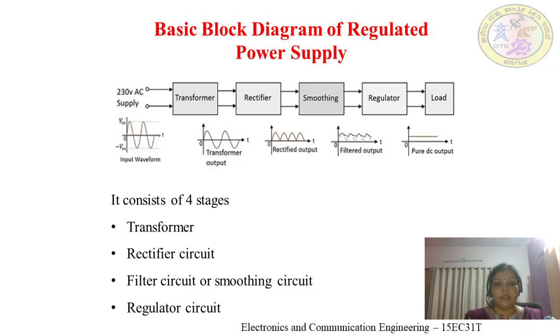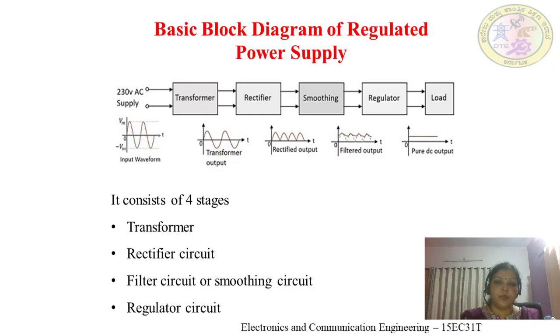This is the complete functioning of the block diagram of a DC regulated power supply. Hope you have followed it well. This ends our discussion of the DC regulated power supply.